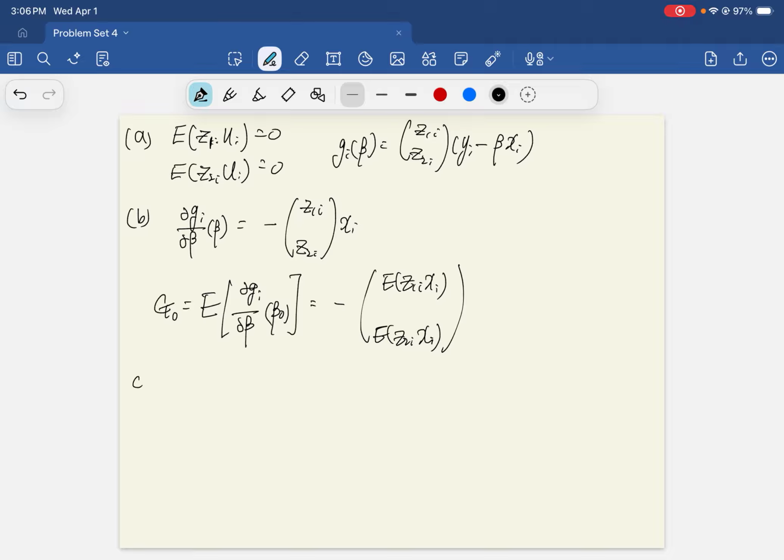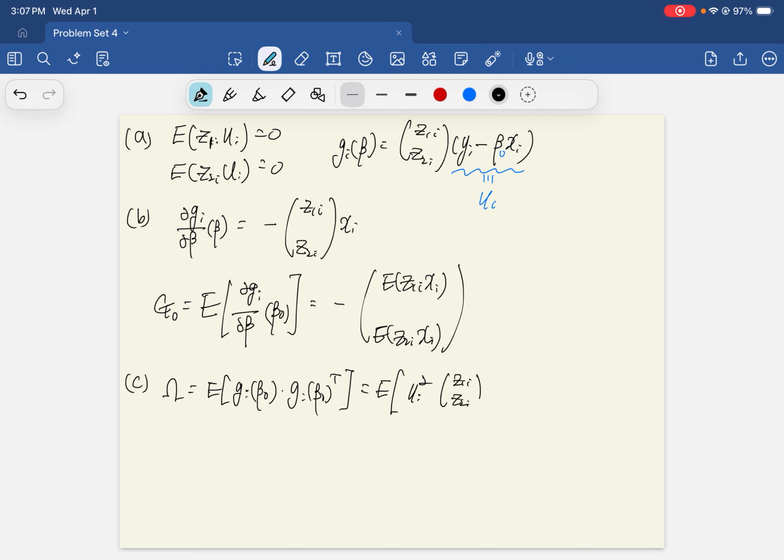Okay, so C is about omega. Omega is defined as the expectation of gi beta 0 times gi beta 0 transpose. That is ui squared. If you plug in beta 0, this becomes ui, so ui will be easily factored out. And then z1i, z2i times z1i, z2i transpose.